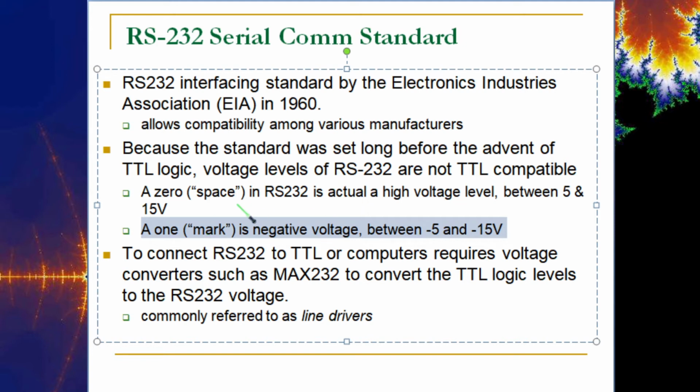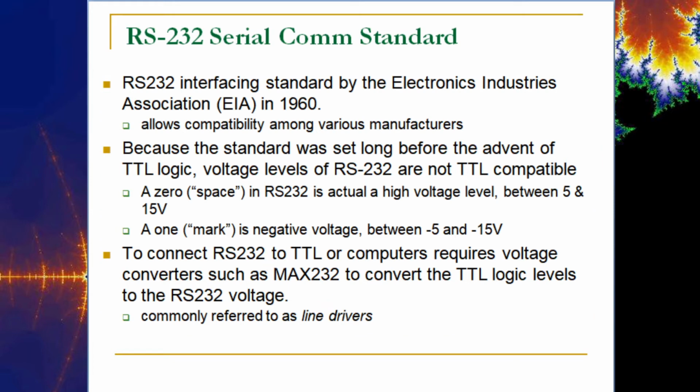A 0, or what we call a space in RS-232, is actually a high voltage level between 5 and 15, or some books will tell you 3 and 15 volts. If you just want to remember, the 0 or the space in this logic is actually a positive, and the 1 is a negative. To connect RS-232 to TTL or computers requires voltage converters such as the MAX-232 to convert TTL logic levels to the RS-232 voltage.